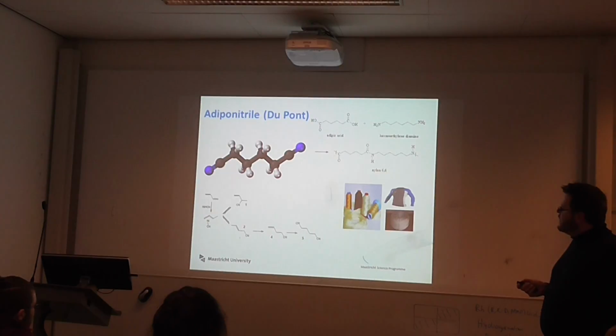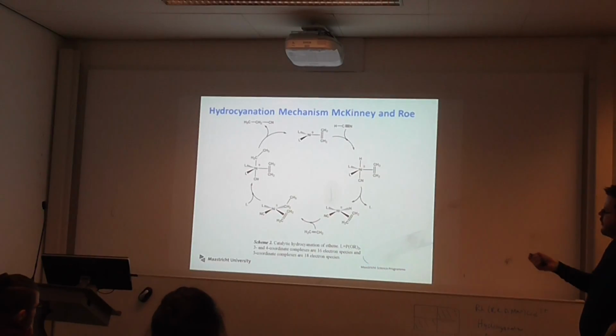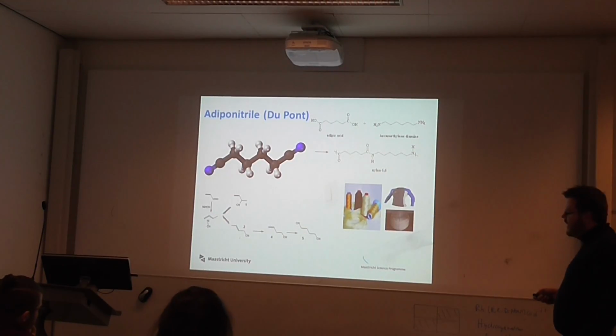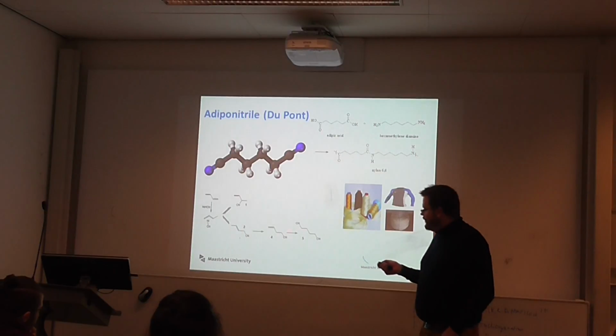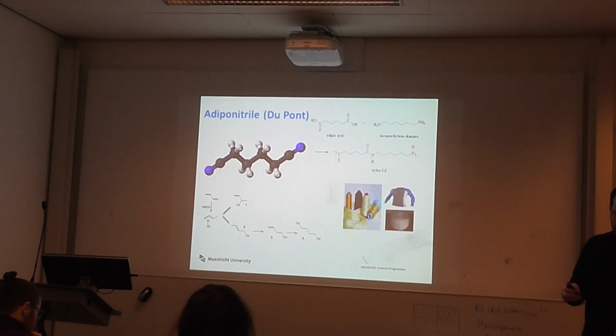What I'd like to say about this is industrially, and in the DuPont process, you start with butadiene. So what you basically have is you form a hydrocyanated intermediate 1 via one of these cycles. And then, of course, that alkene will go into another cycle, and you will get the adiponitrile product. There are some issues with selectivity in the reaction industrially.